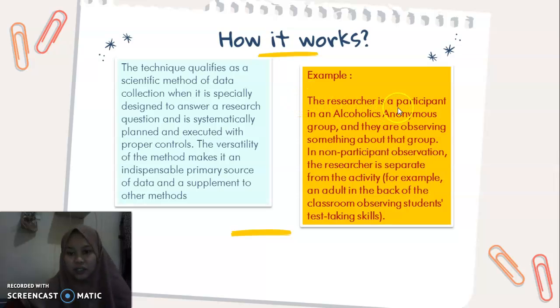The researcher is a participant in an Alcoholics Anonymous group, and they are observing something about that group. In non-participant observation, the researcher is separated from the activity, for example, an adult in the back of the classroom observing students' test-taking skills. So for observation, we come to the place and observe how it looks and how it goes.